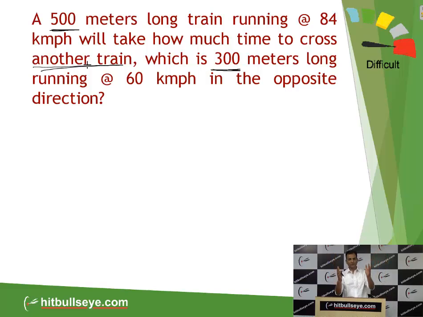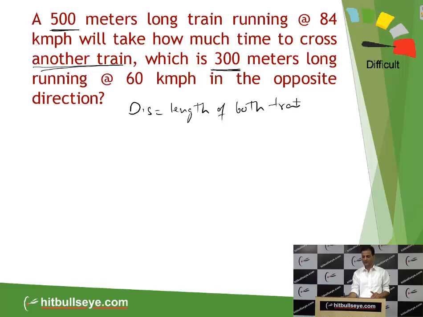That means when two trains cross each other, which we have already read, whether in the same direction or in the opposite direction, the distance will be equal to the length of both trains. The length of both trains, 500 plus 300, which will be, students, 800 meters.